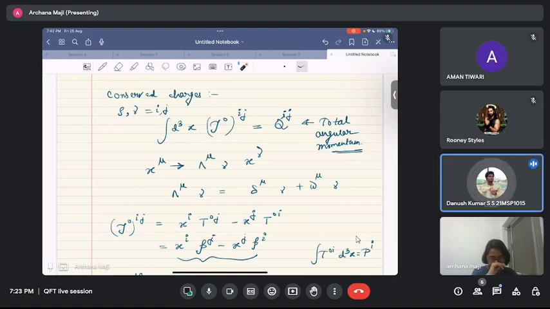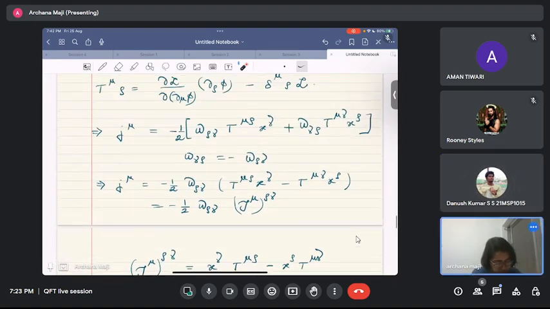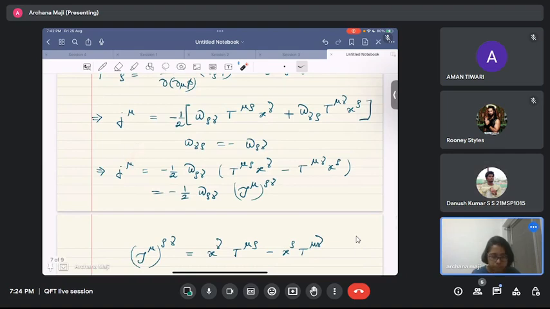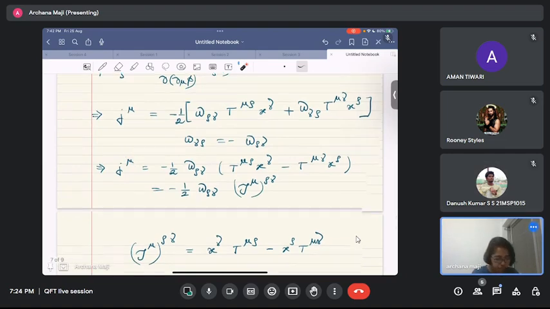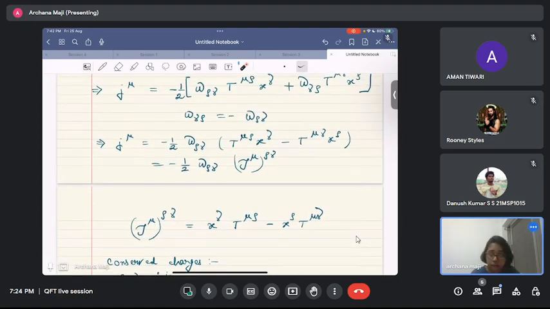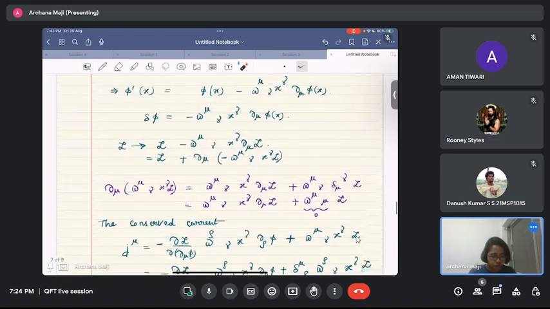Just a minute, you said J mu. The mu corresponds to what? This mu also corresponds to space-time only. So when we say mu equal to 0, the 0th component, when you integrate, you get the conserved charges. But this mu has nothing to do with the Lorentz transformation you are performing.